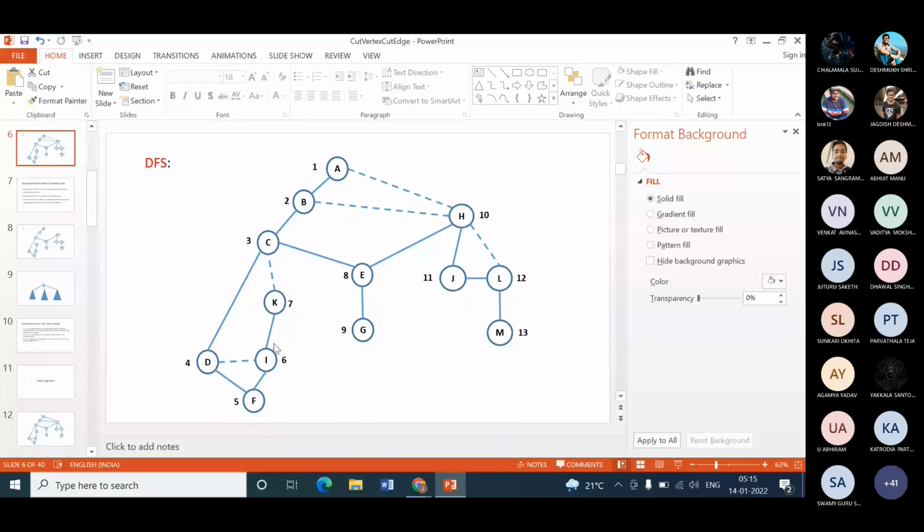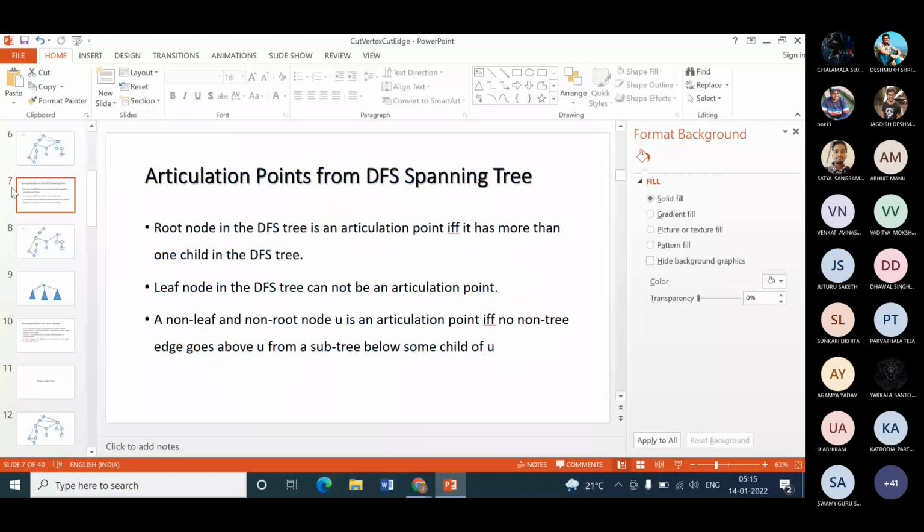So the same thing for K. K is not a cut vertex because it is a leaf node. So a leaf node in the graph cannot be a cut vertex.